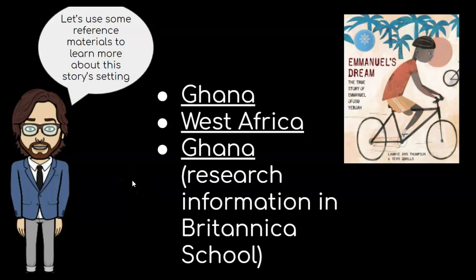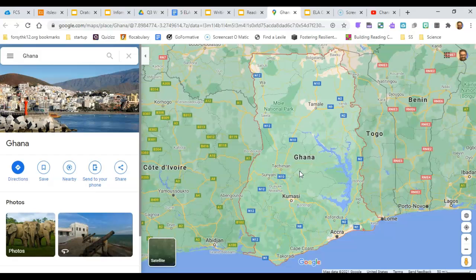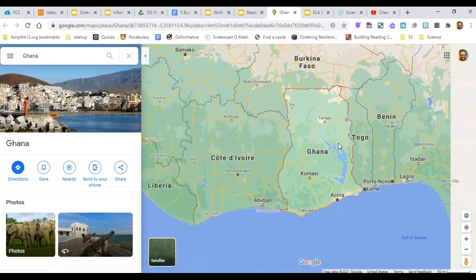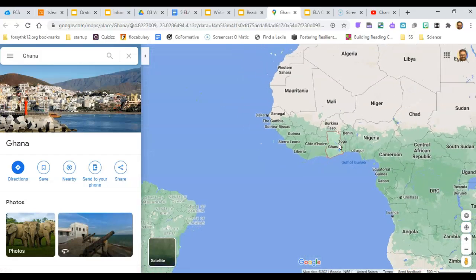Where is West Africa? Okay, and so here I've created a link to this where we could go and actually see where Ghana is. When we talk about Ghana along the coast here, if we were to zoom out, we have Ghana along the coast.